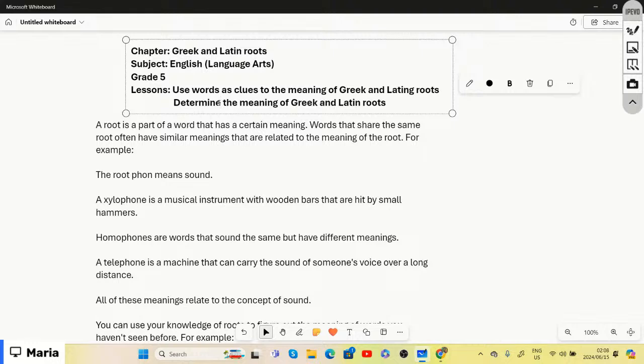All right. So we say that when it comes to Greek and Latin roots, a root is a part of a word that has a certain meaning. Words that share the same root often have similar meanings that are related to the meaning of the root.